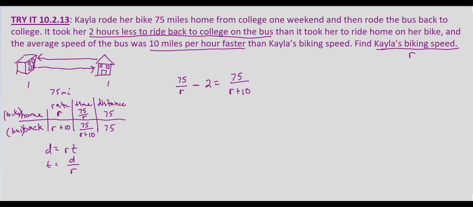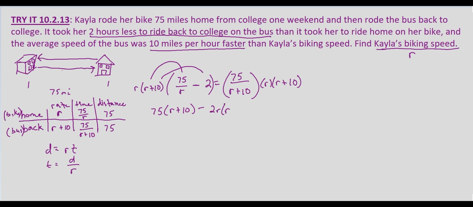And now we have our rational equation. And we can multiply both sides by the least common denominator, which is R times R plus 10. So on the left-hand side, when we distribute to the first term, the R's cancel. We're left with 75 times R plus 10. Distribute to the second term, nothing cancels, so we have 2R times R plus 10.